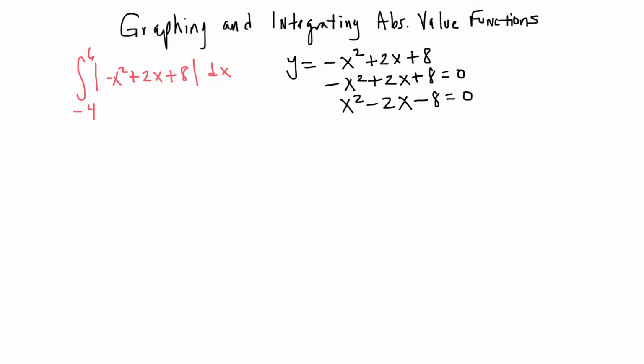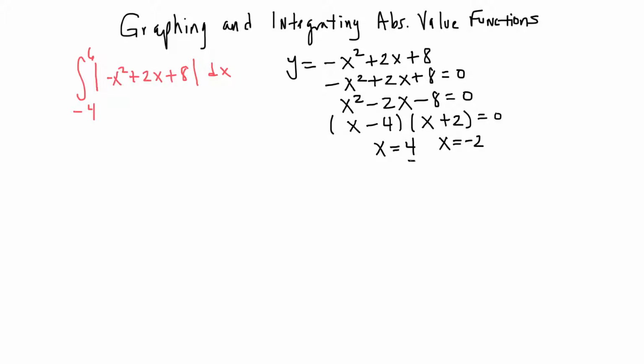Now I can use the quadratic formula, factor, or complete the square. I think I am going to factor this, and I think it's x minus 4 and x plus 2. Is that right? -4 times 2 is -8, and -4 plus 2 is -2. And then the zero factor property, so x is equal to 4 and x is equal to -2.